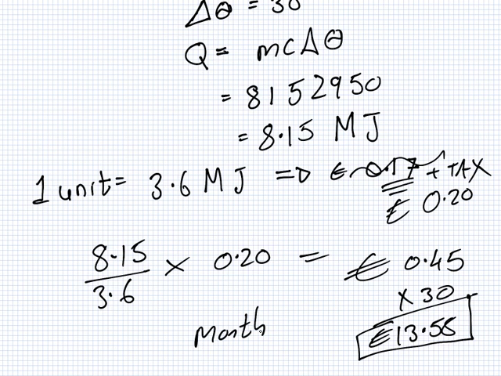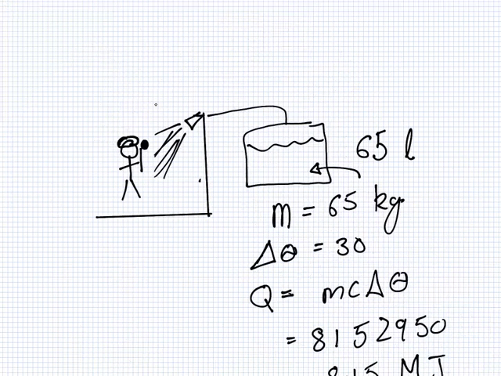This person here showers once per day for 30 days. What are you confused by? Do you think this is too much or too little? We have to consider the time.